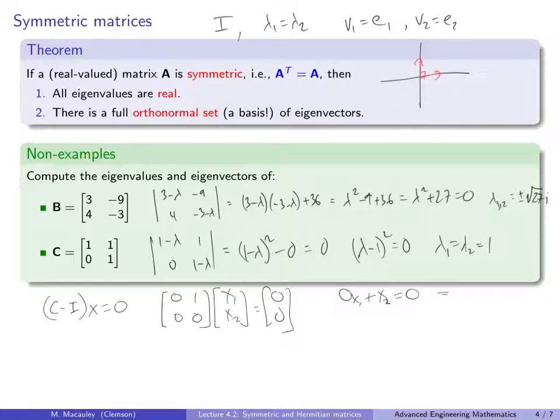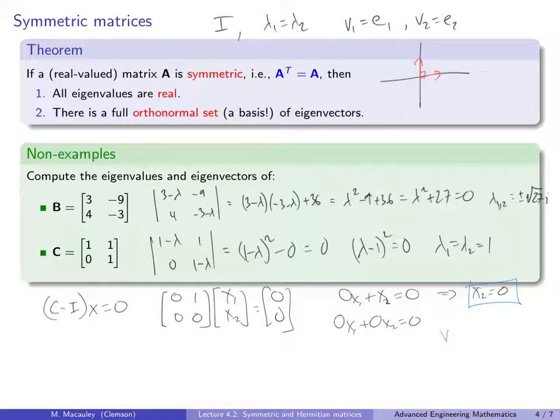So that tells us that x2 equals 0. And the second equation says that 0x1 plus 0x2 equals 0. That doesn't tell us anything. Any x1 and x2 satisfy that. So this is the only restriction that we have. x2 is 0, and that means that x1 can be anything.